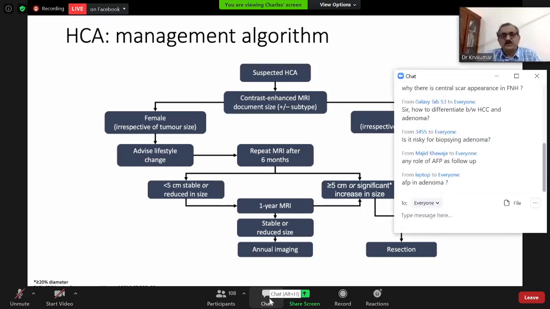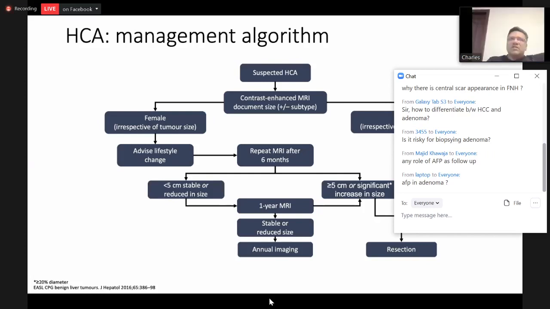So the question is, is it risky to do a biopsy? Adenomas are vascular lesions, and it's always risky to do a biopsy in a vascular lesion. The incidence of bleed will be less than 5%. With newer interventional radiology techniques, a plug biopsy can be done in patients with adenoma, unless they are exophytic.